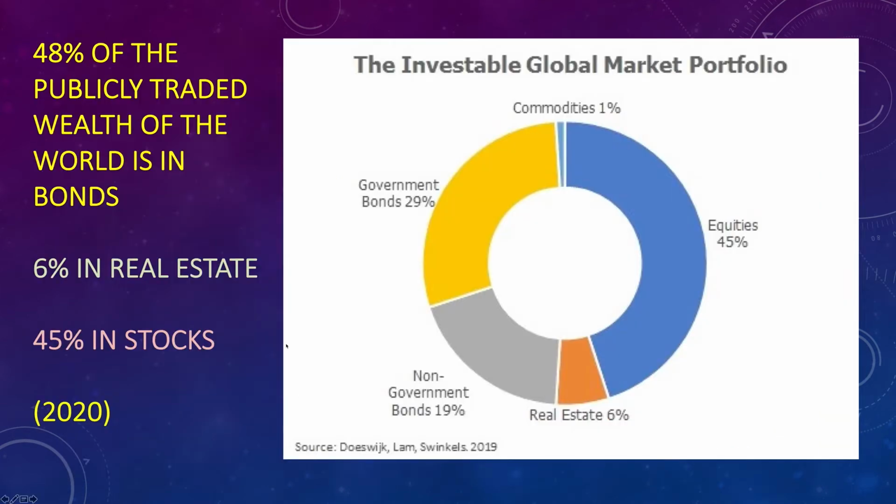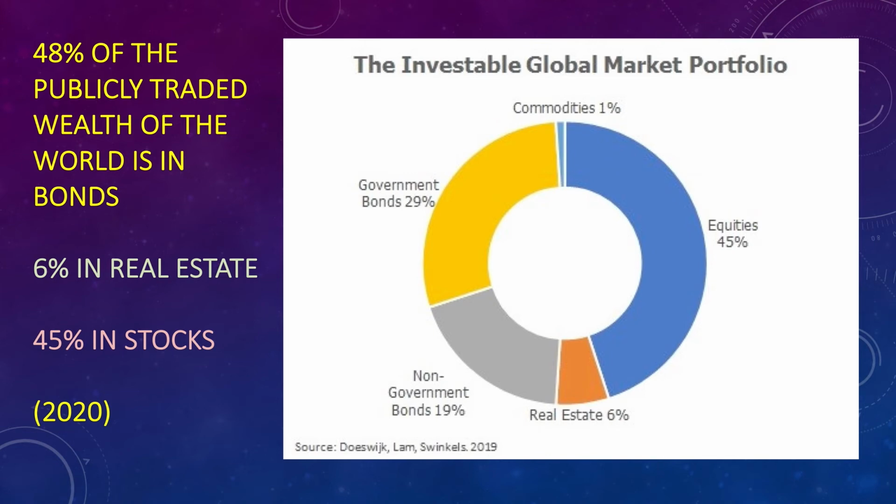If we were to look at this from a different perspective and ask, well, how much of the world's publicly traded wealth is there? If you are an investor and you invest in something called the global market portfolio, what are you investing in? 45% stocks from all around the world, right? 6% real estate, because most real estate is not publicly traded, except through what are called REITs primarily.